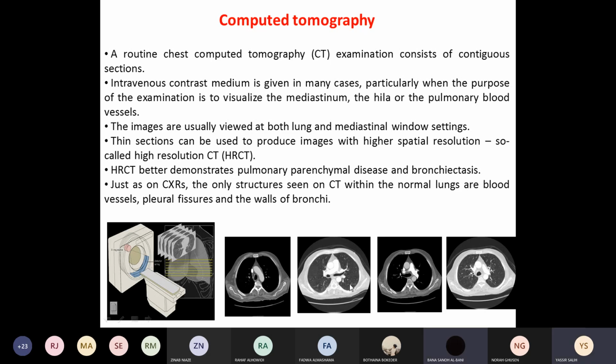And on lung parenchymal window, the details of the lung is clearly demonstrated, and the details of the mediastinum is less. Also, this is the mediastinal window. The details of the lung parenchyma is not clearly demonstrated, and this is the lung window. You can see the details of the lung.